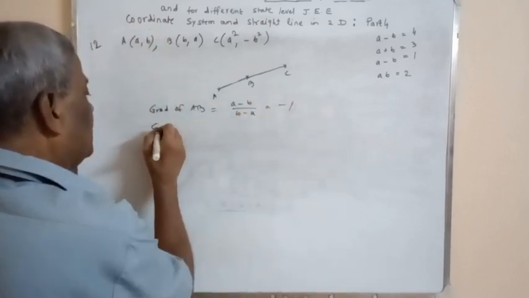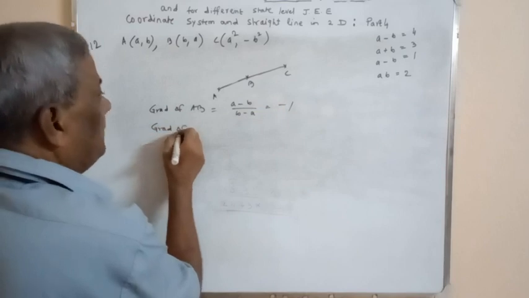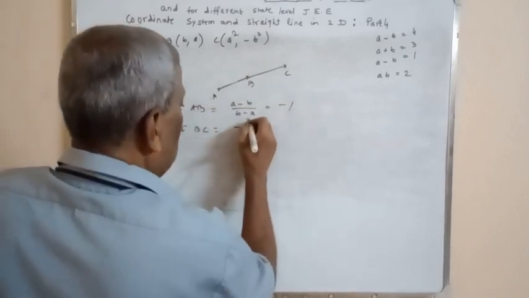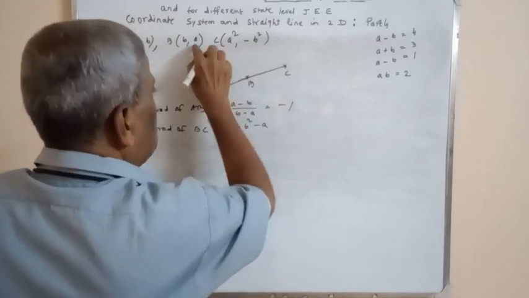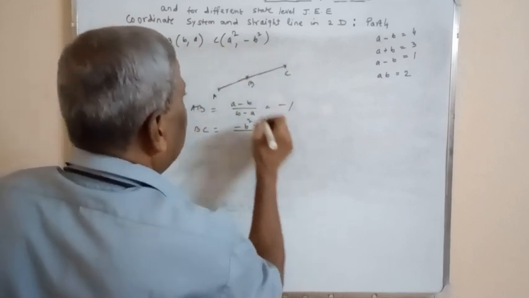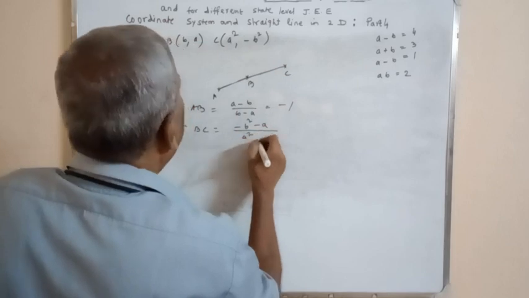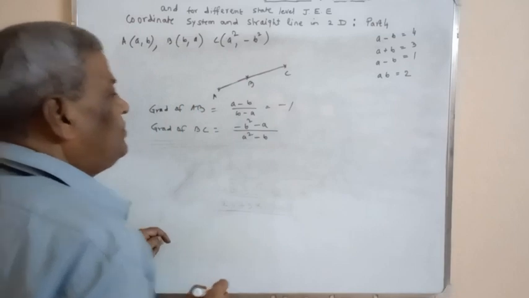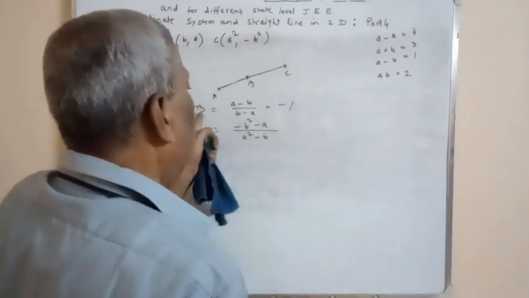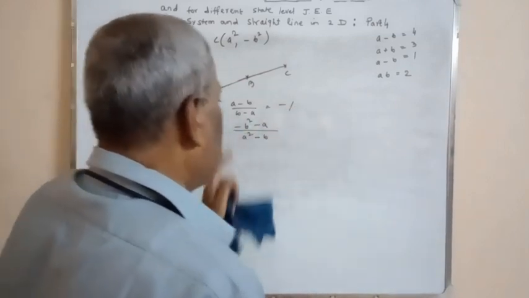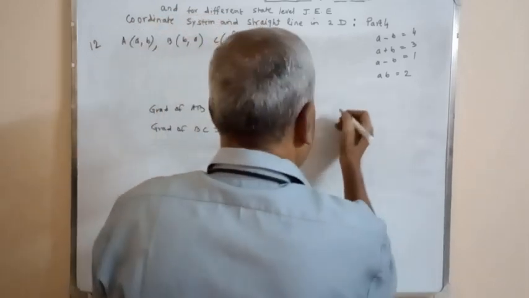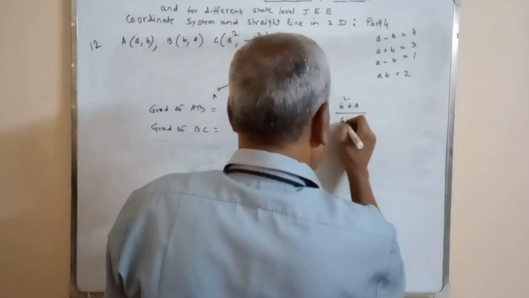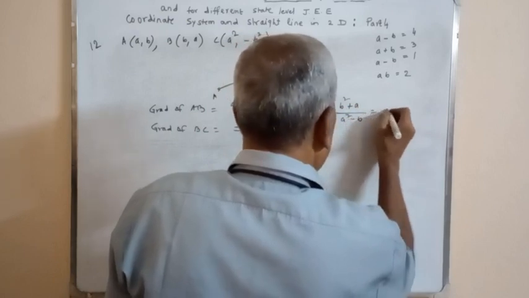Now the gradient of BC is minus b square minus a, divided by a square minus b. So they are the same. Gradient of AB is minus 1 and this is the other. So from there we can say that (b square plus a) divided by (a square minus b) is equal to 1.